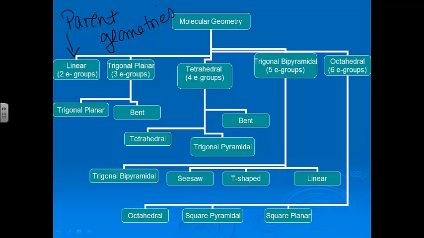So if there's three electron groups coming off of there, the parent geometry is what's called trigonal planar. If all three are bonding groups, you get the trigonal planar. Then the smaller groups down here are the actual shapes or the actual molecule geometries.